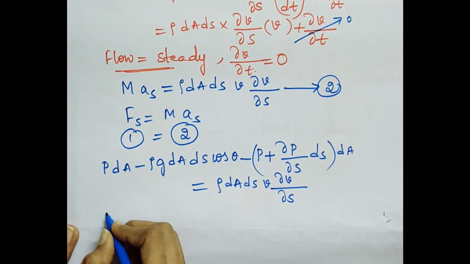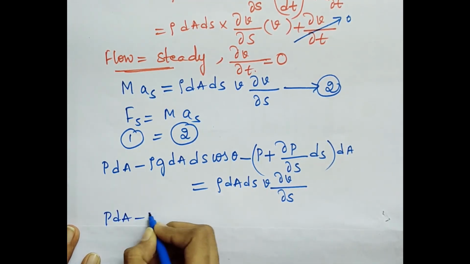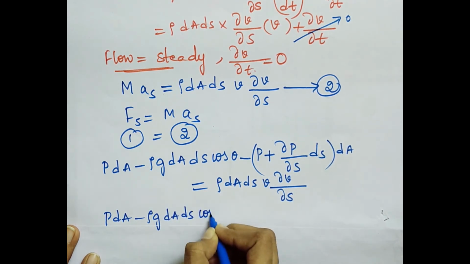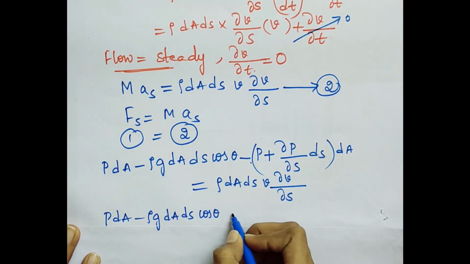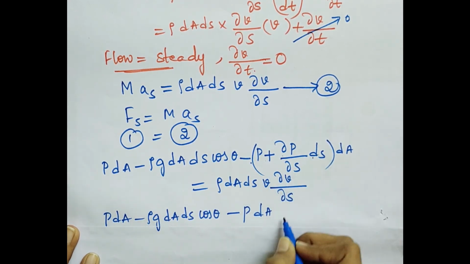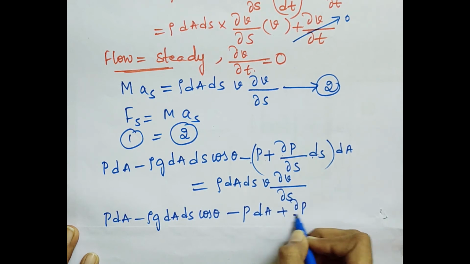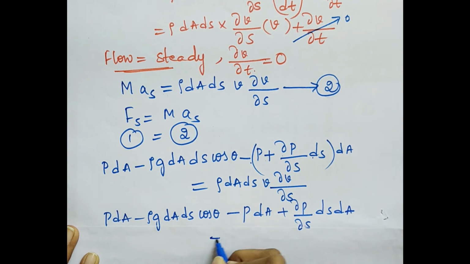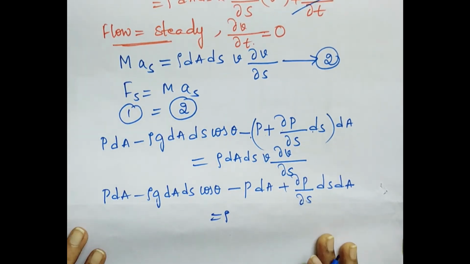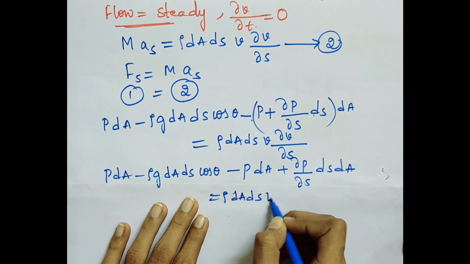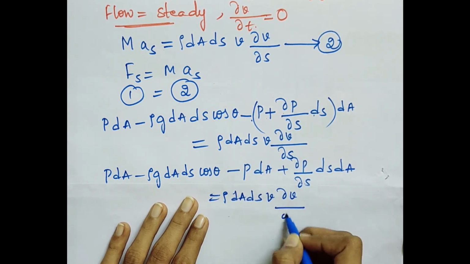If we simplify this, P into dA minus rho g dA ds cos theta minus P into dA, plus dou P by dou s into ds dA, is equal to rho into dA ds v dou v by dou s.